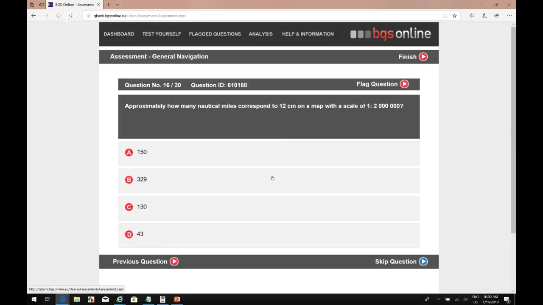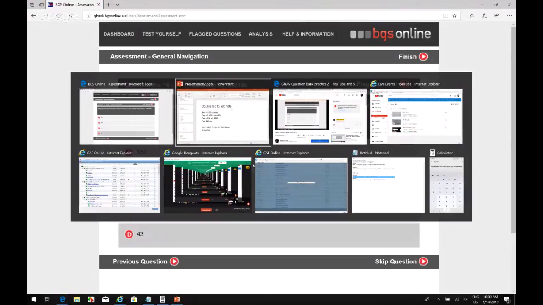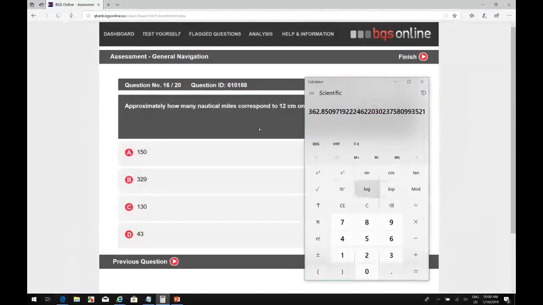Approximately how many nautical miles correspond to 12 centimeters on a map with a scale of 1 to 2 million? Okay, so we'll reverse this again. So 2 million this time. I'm using my physical calculator rather than the digital one.